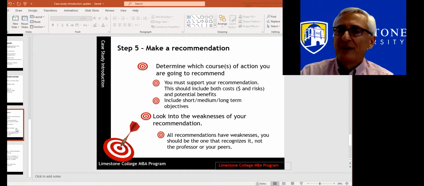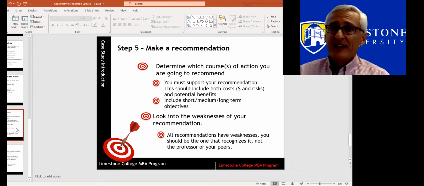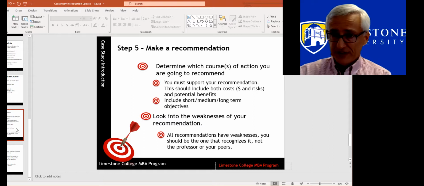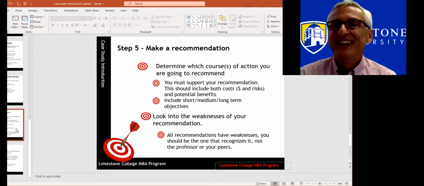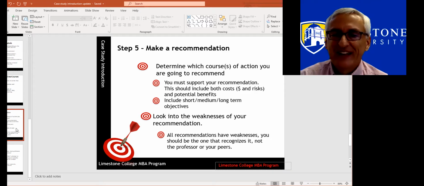It is far better for you to identify those, and again, this is true in business or in these case studies, than for the professor or your boss or somebody else in the audience to highlight weaknesses in your recommendation.